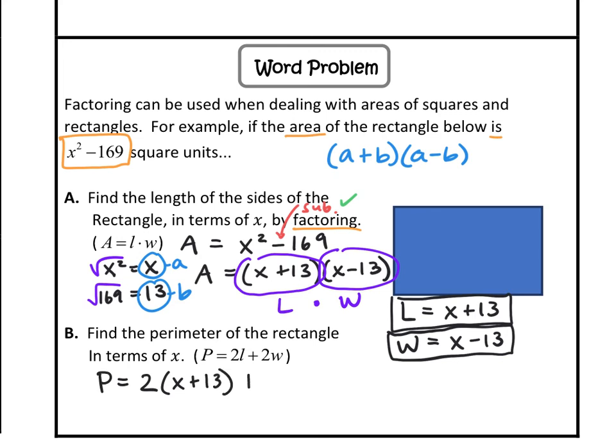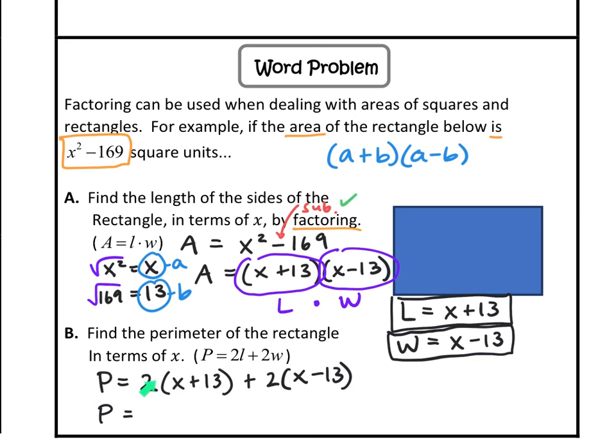Plus 2 times W, but isn't W x minus 13? Yes, right? So what do I do with the 2?